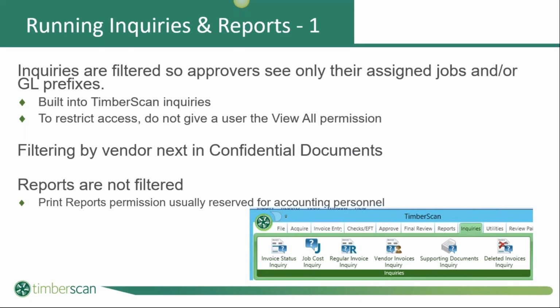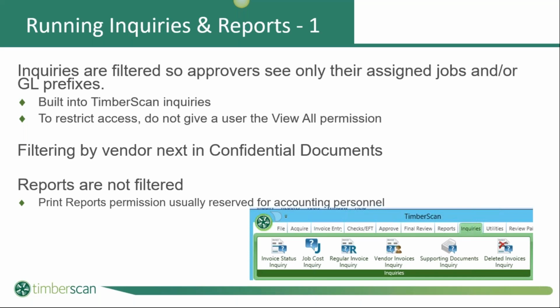We're always expanding TimberScan, but we're going to introduce in the not too distant future what we call confidential documents. While our inquiries are automatically filtering based on a job or a general ledger prefix, we listen to our users and they've asked us to be able to have other ways to restrict access to invoices in our inquiries.